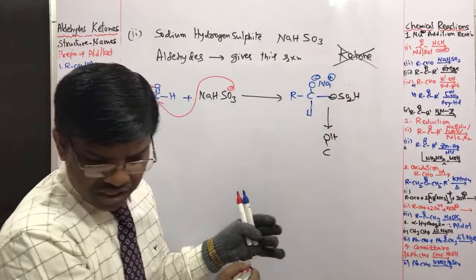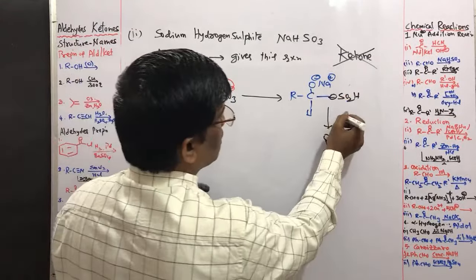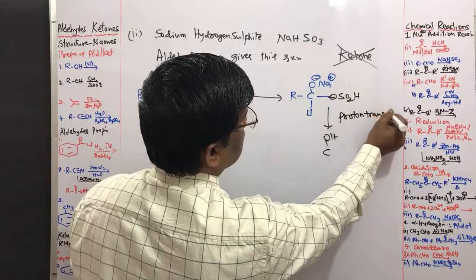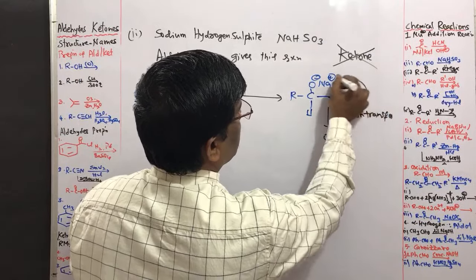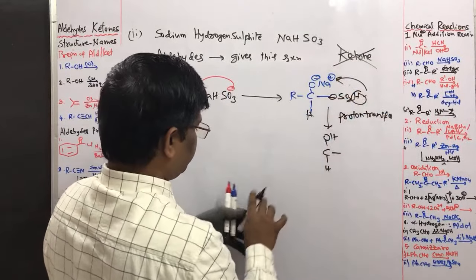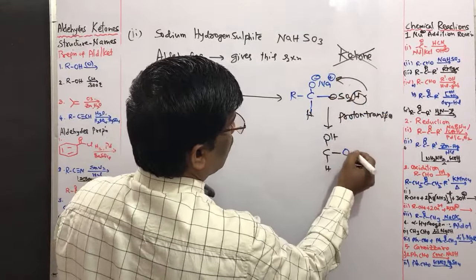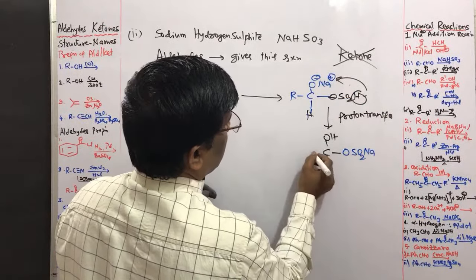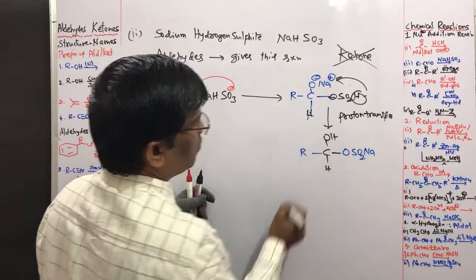Sodium will be exchanged. Proton transfer will take place from here to here. Sodium will come here. So this is hydrogen, O SO2 Na, and this side R group.